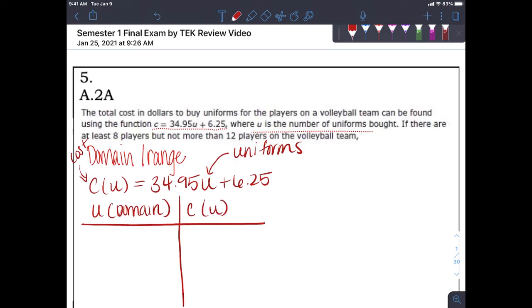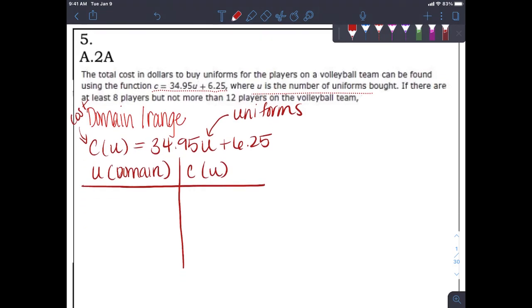All right. So first thing, they said at least 8 players. So if I was to write out all of the numbers that are in between there, and I'm only doing this for illustration purposes, I would say at least 8 players. So I can have 8, I can have 9, I can have 10, but I cannot have 7.